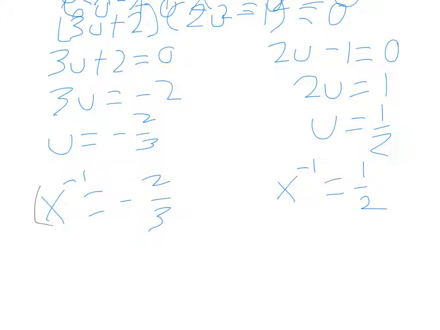You could raise everything to a power of negative 1. Because remember, negative 1, if you want to rewrite it as a fraction, you could do negative 1 over 1. So the reciprocal would just be 1 over negative 1, which is just negative 1 again. So negative 1 is its own reciprocal.